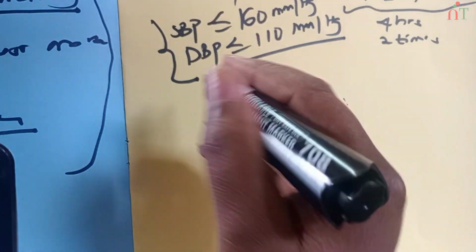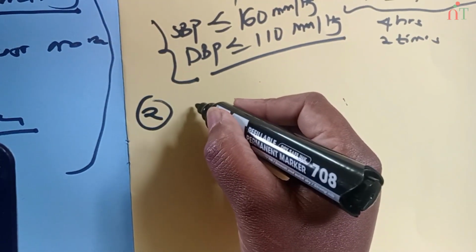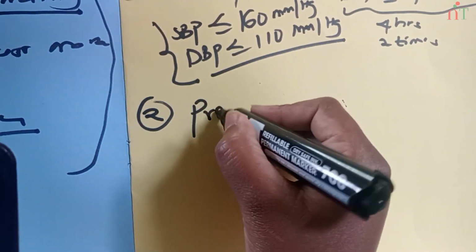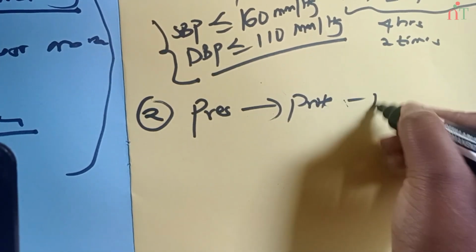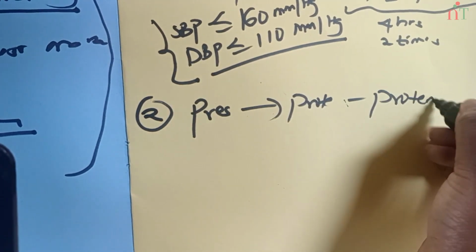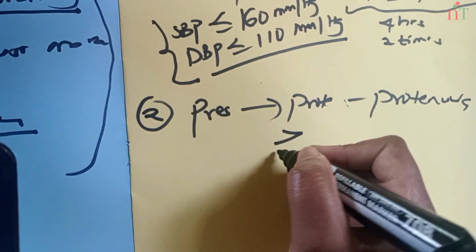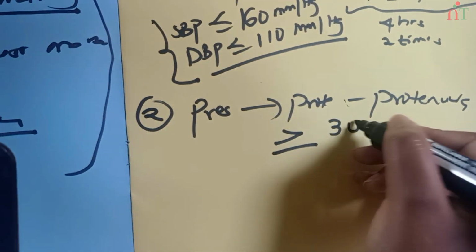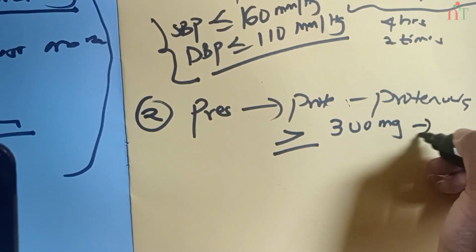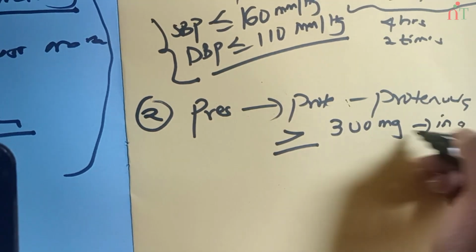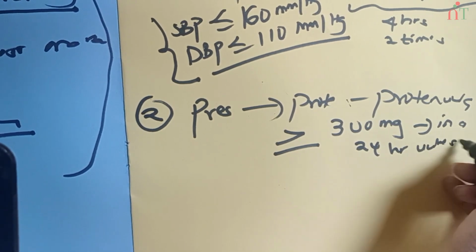It's a classic symptom. And then another classic symptom is presence of protein in urine, what we call proteinuria. If it is greater than or equal to at least 300 milligrams in a 24-hour urine sample.